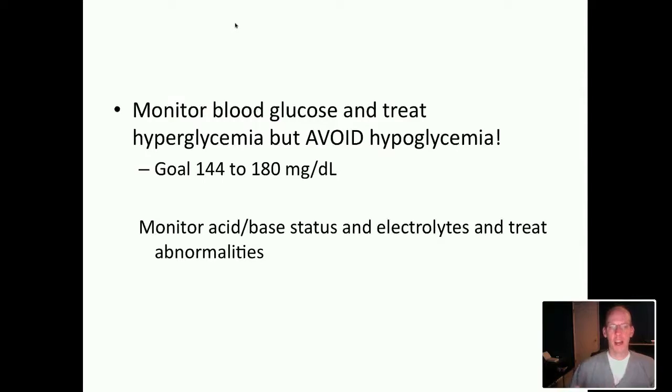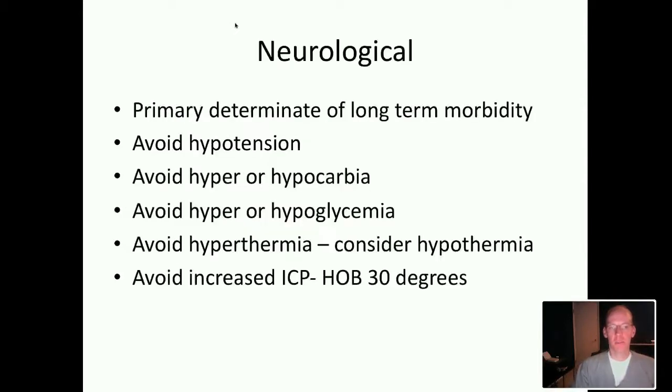You've got to monitor your acid-base status and electrolytes, treating those accordingly. Often they can be deranged depending on the resuscitation, how long it took to resuscitate the patient, or any underlying electrolyte abnormalities. You're going to need to replace these post-resuscitation.